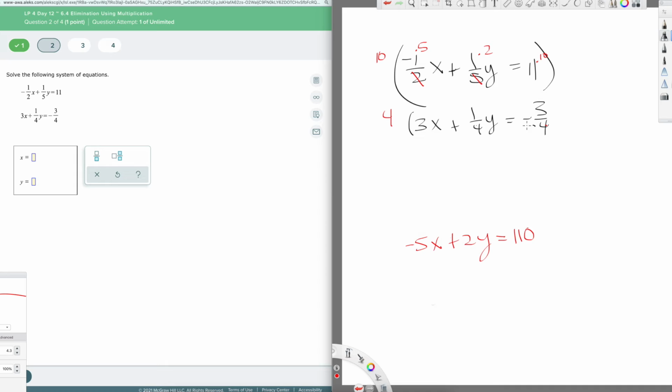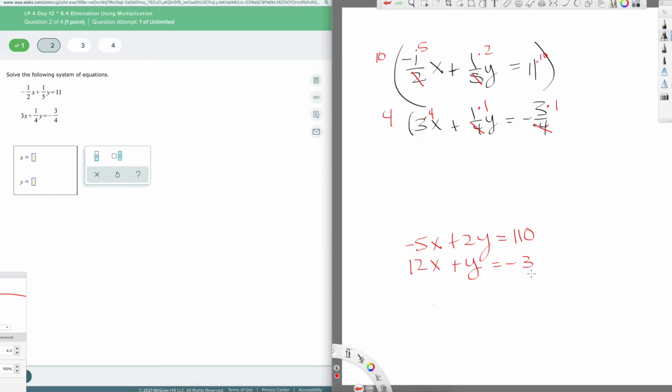So 3 times 4 is 12x. 4 divided by 4 is 1, so 1 times 1 is 1, y equals negative 3/4 times 4, which is negative 3.